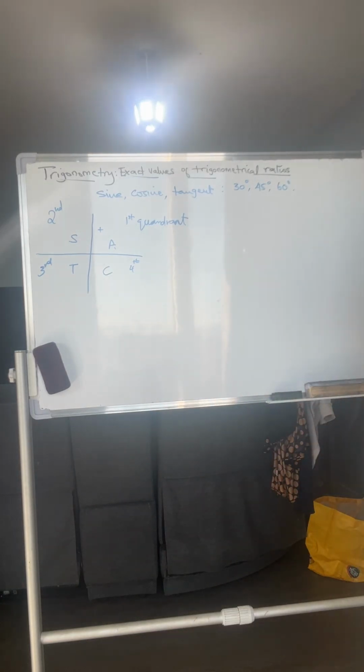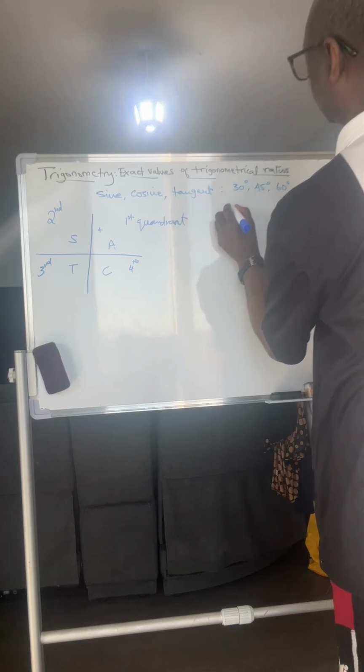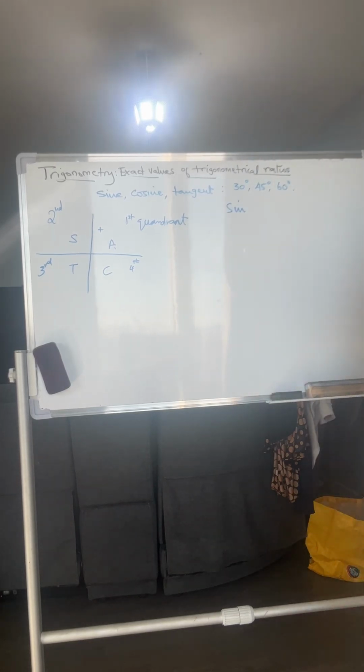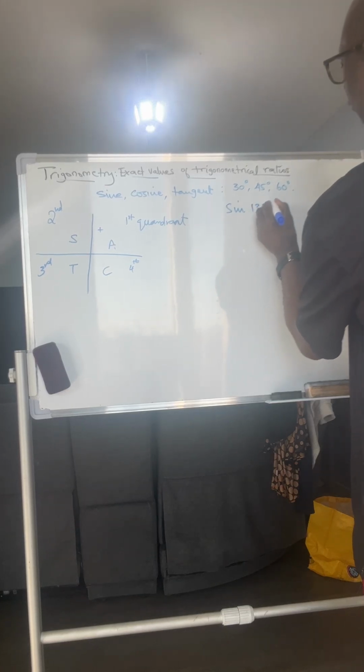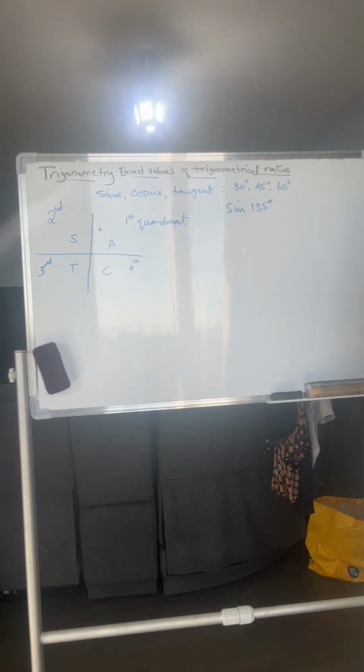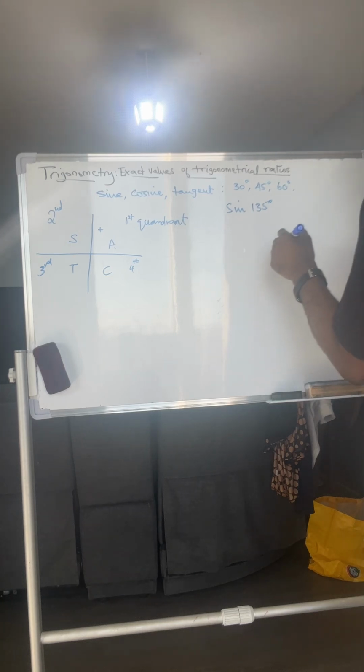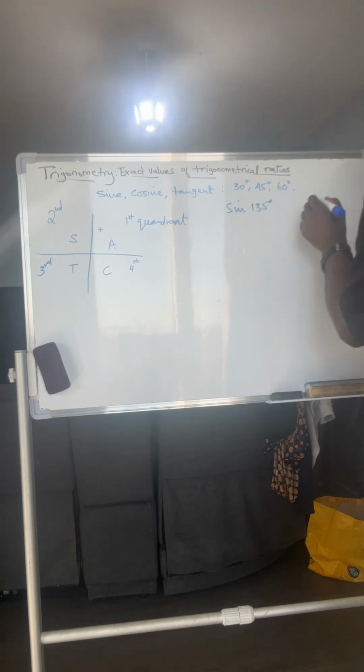So there's a question here that says: express sine of 135 degrees as a trigonometric ratio of either 30 degrees, 45 degrees, or 60 degrees, and hence find its exact value.